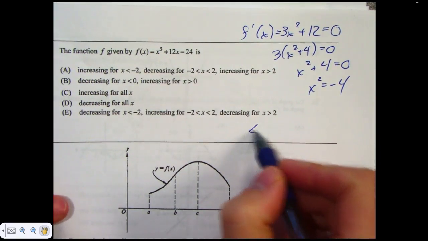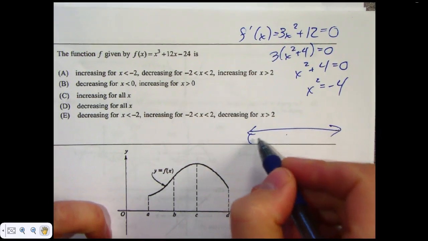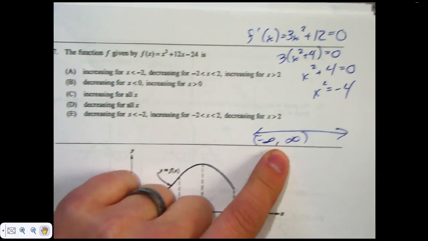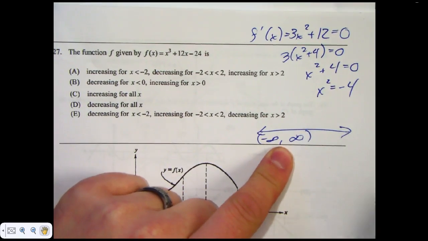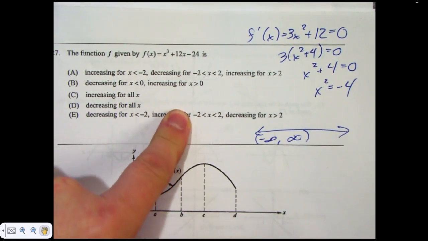So when I go to make my number line, there's no critical points on there to split it. So what's my interval? Negative infinity to infinity. So it's all one big interval. If you remember, we pick a point from the interval, any point that you want, let's say 0, and plug back into where? I want to plug into the derivative because the derivative tells me slope, which is increasing or decreasing, right?